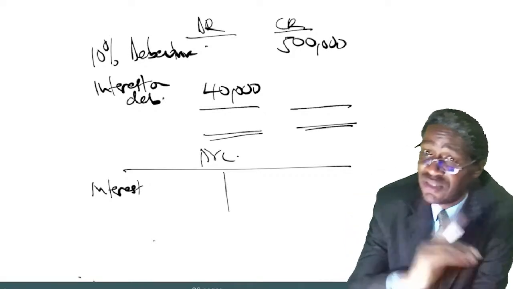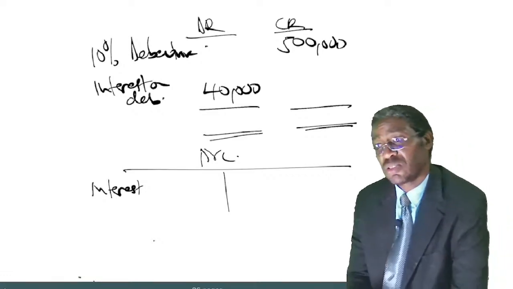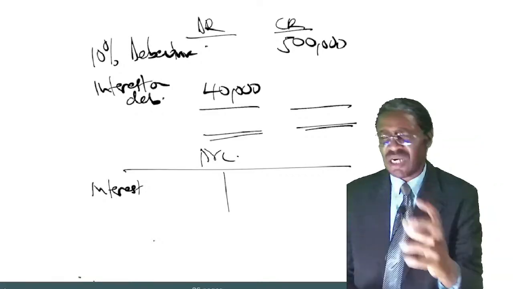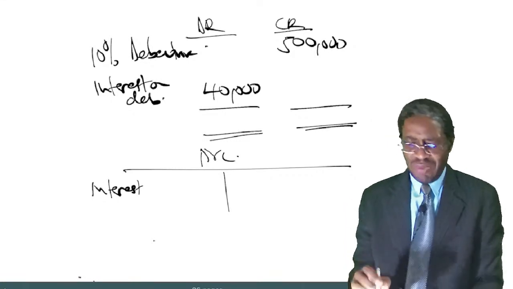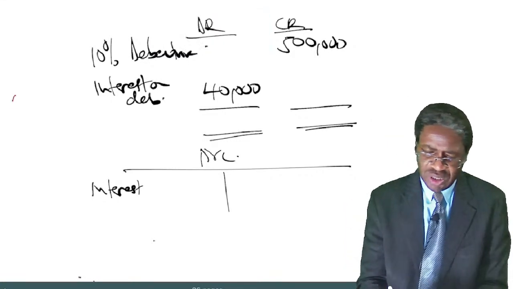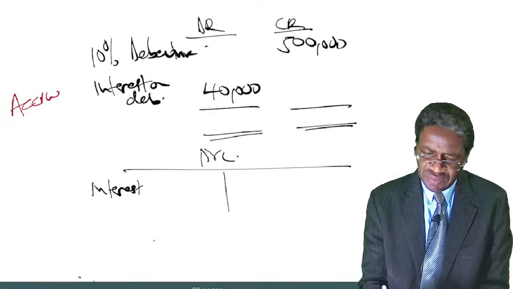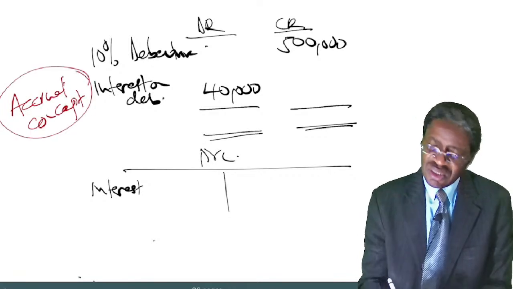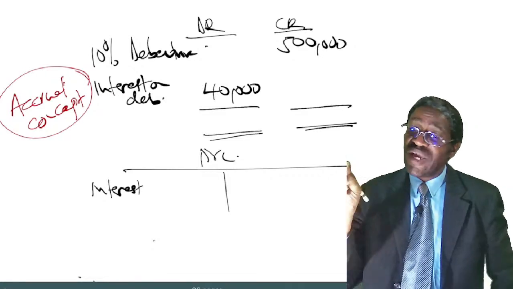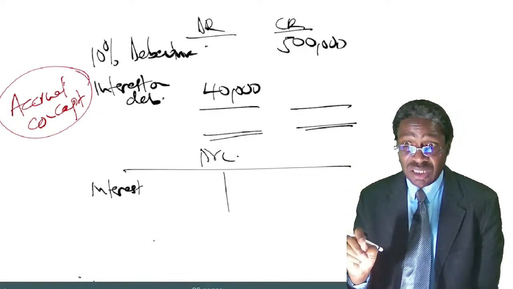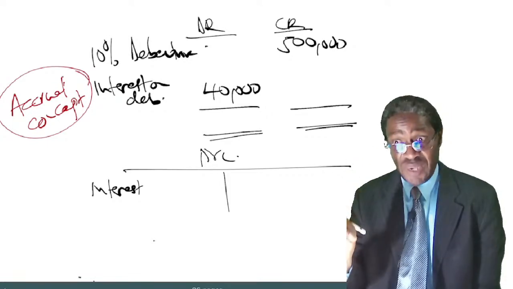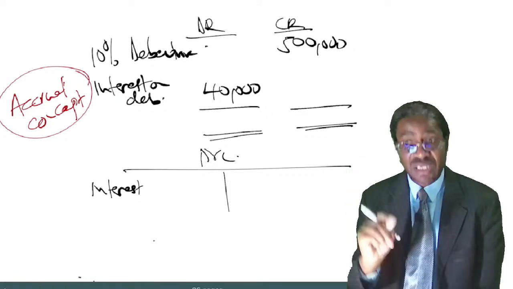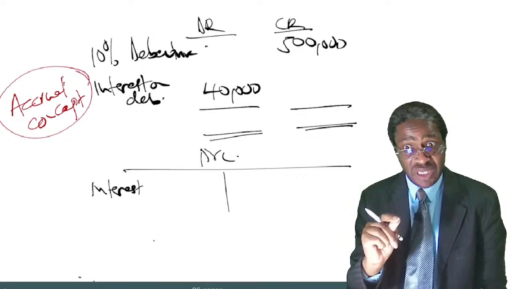Correct. Now listen. When you are preparing an income statement, we normally follow the concept called accrual concept. That says you recognize cost when it is incurred, but not when money is paid.